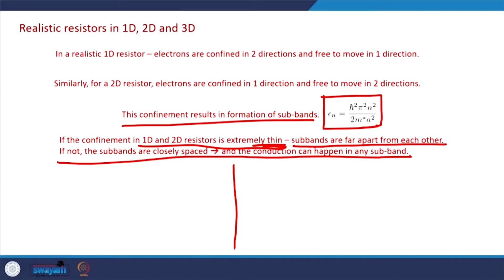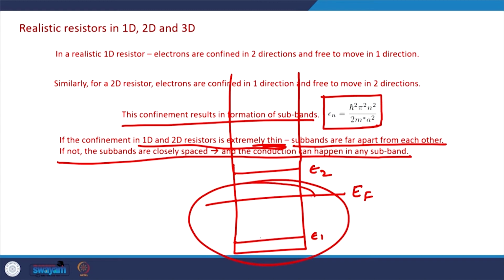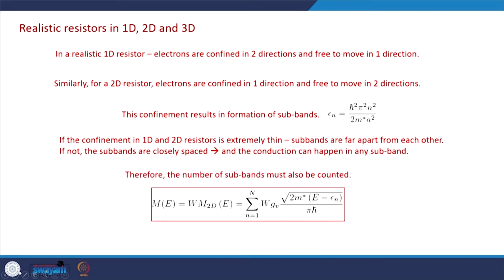For example, if epsilon 1 is here, epsilon 2 is here, or maybe the higher energies are even higher, and if the Fermi level of the system is here, then the higher subbands will not come into the picture, because there will be only one subband that will affect the system, and that will be this one. By taking subbands into account, the expressions that we derived previously will modify like this.